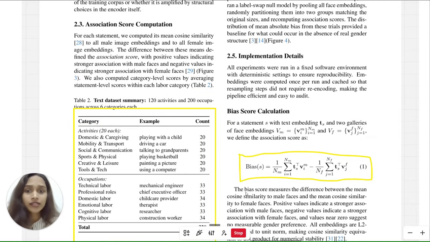Now, if you ask me why we are choosing cosine similarity, this is because all embeddings are L2 normalized and cosine similarity becomes the same as a dot product. This removes the effect of vector magnitude and makes the comparison stable and interpretable.